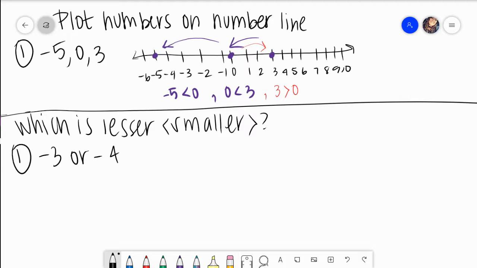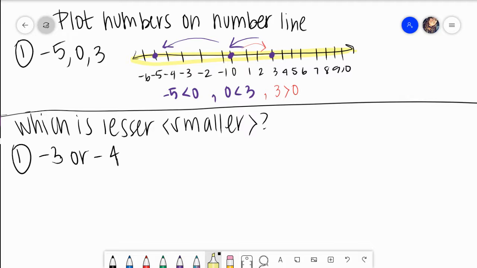Usually when you're not dealing with negative numbers, you automatically know it, you don't have to think that much about it. You automatically know that the number 3 is less than the number 4, right? But because we are dealing with negative terms, you need to make sure that you look at the number line.